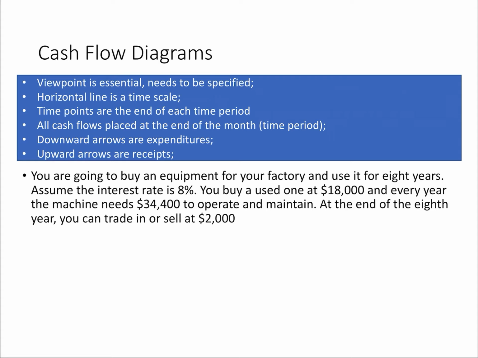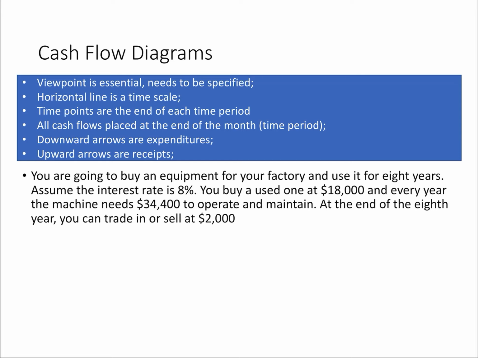It means a time spot at the end of that first year or first period. Same, if it's 2, it means that's the end of the second period. It's not the middle, it's not the beginning, okay? Only 0 is what we call the beginning of the first period. So that's very important. And all cash flows are placed at the end of the period.